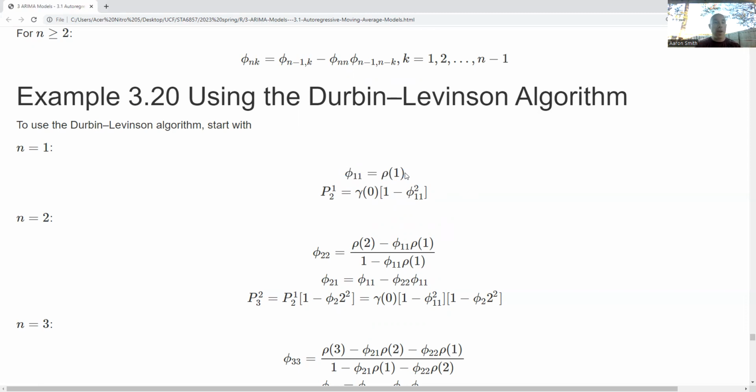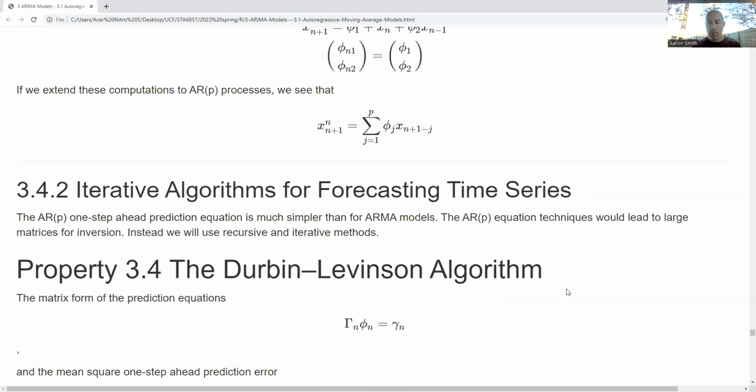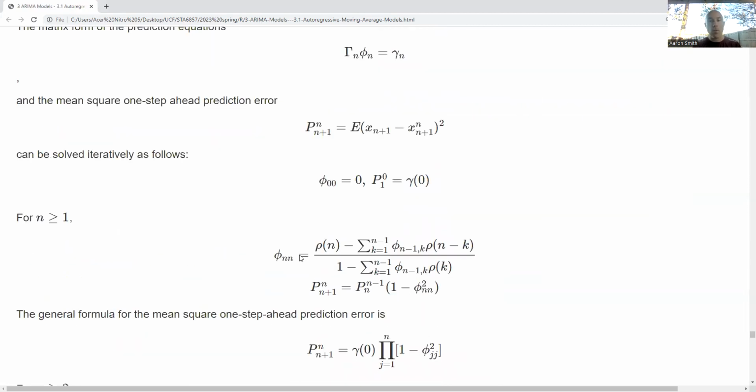Okay, so now using the formula, when n is equal to 2, I'm going to take the formula, and remember that there's a summation here, but I'm so early in the algorithm, I don't have a lot of terms in the summation yet.